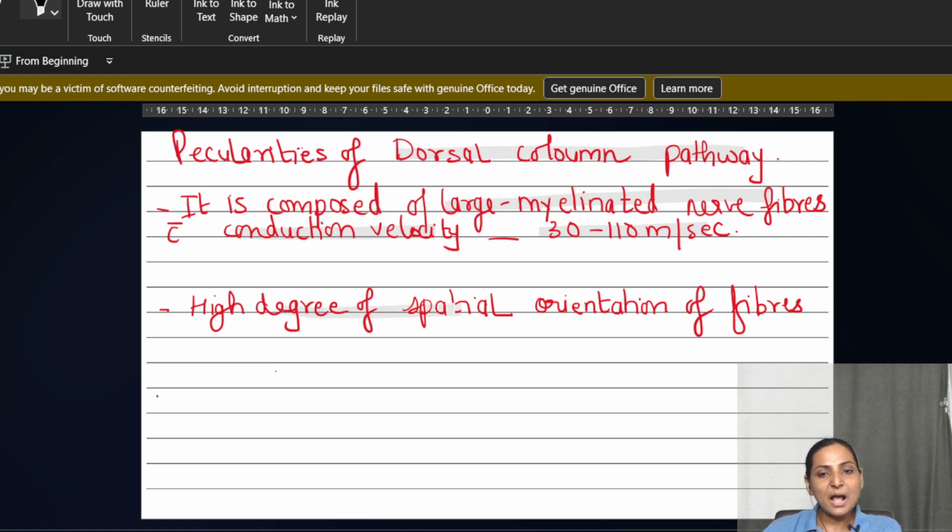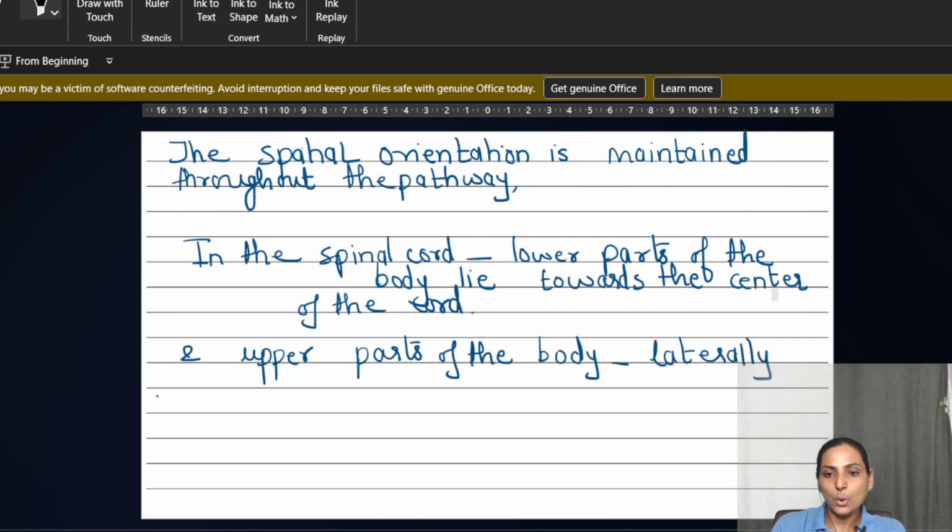It shows a very high degree of spatial orientation of fibers. That means the arrangement of the fibers which start all the way from the spinal cord will go up to the thalamus and the cortex, and will maintain that spatial orientation or organization. It is maintained throughout the pathway. Like in the spinal cord, the lower part of the body lies towards the center of the cord.